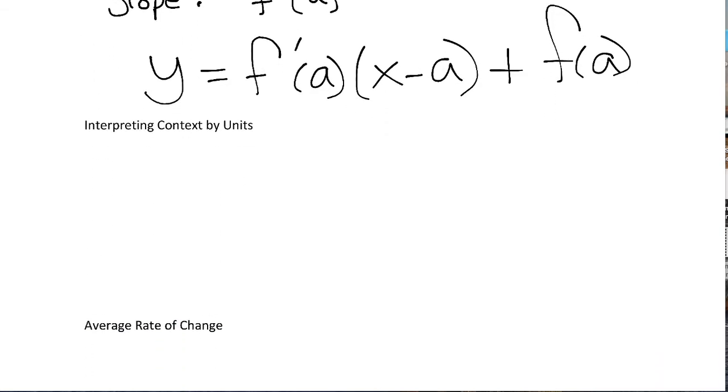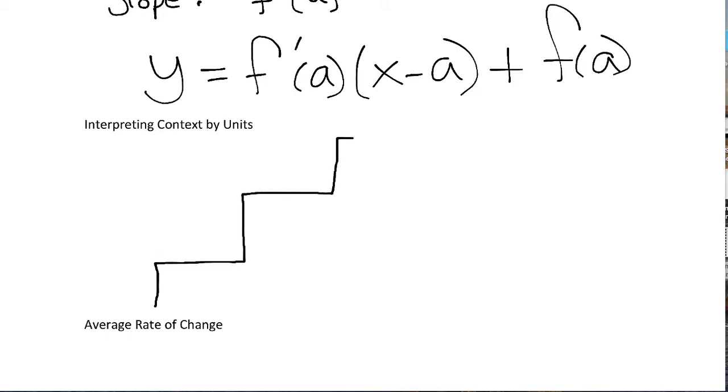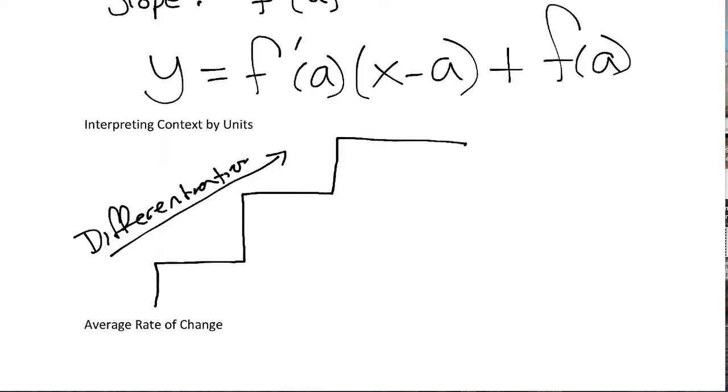So interpreting the units in context, I'm going to start with this thing that I created a number of years ago, the step diagram. When we go up this way, we use differentiation. When we go down the steps, we're going to use integration.